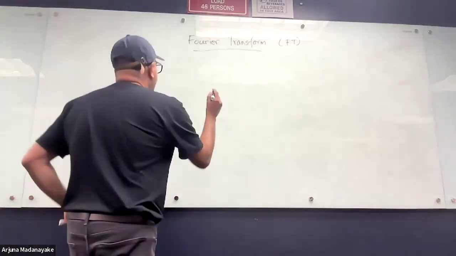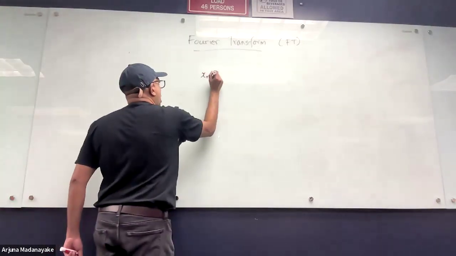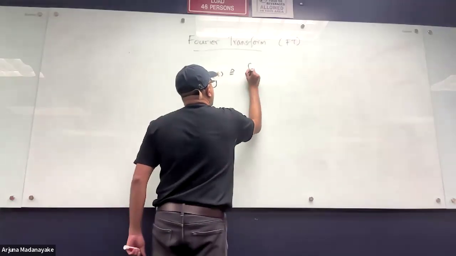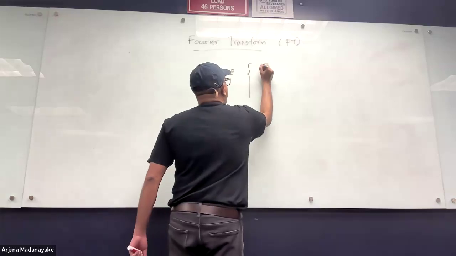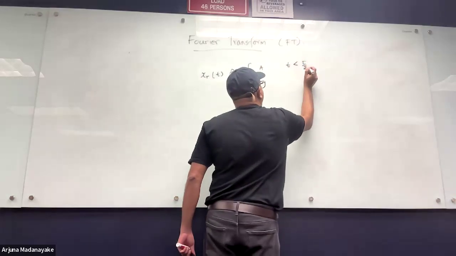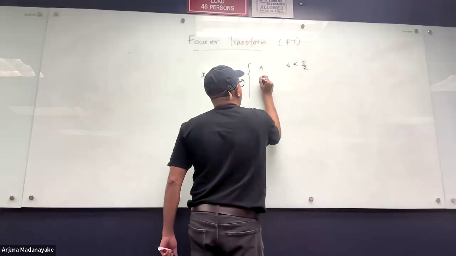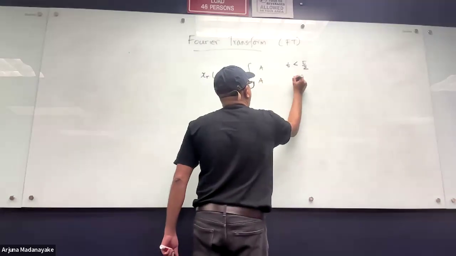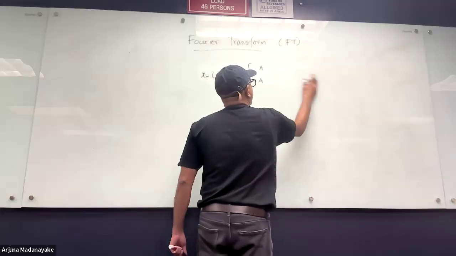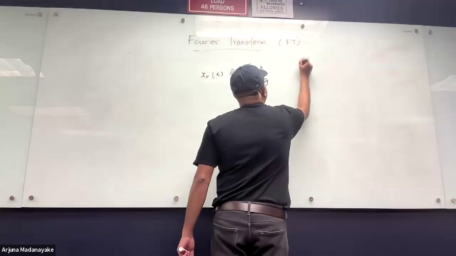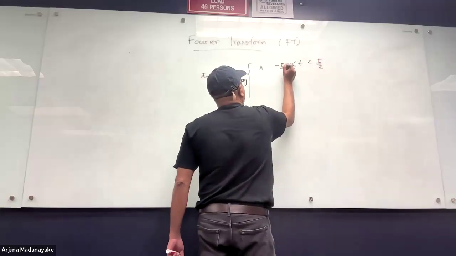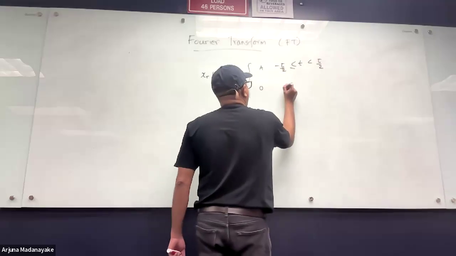So let's say we have a rectangular pulse x r of t, which is defined as A for t greater than minus tau by 2 and t less than tau by 2, and 0 otherwise.